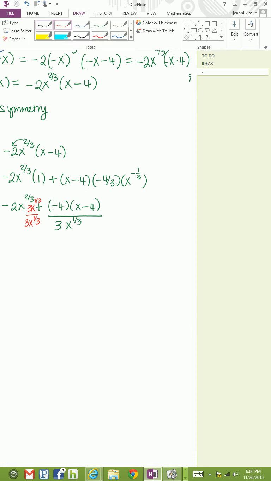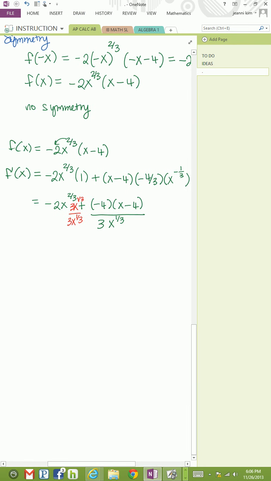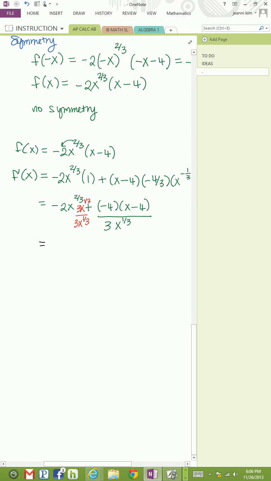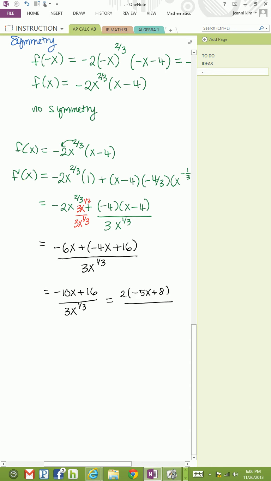Alright, so now I get negative 6x plus negative 4x plus 16 all over my common denominator of 3x to the 1/3. So we get negative 10x plus 16 all over 3x to the 1/3. I could factor out a 2, which would give me 2 times negative 5x plus 8 all over 3x to the 1/3. So I'm going to go ahead and analyze the function.